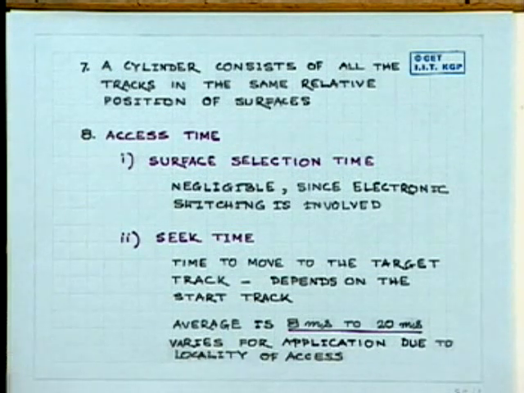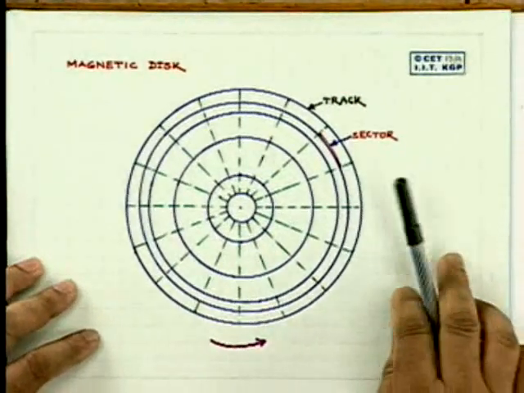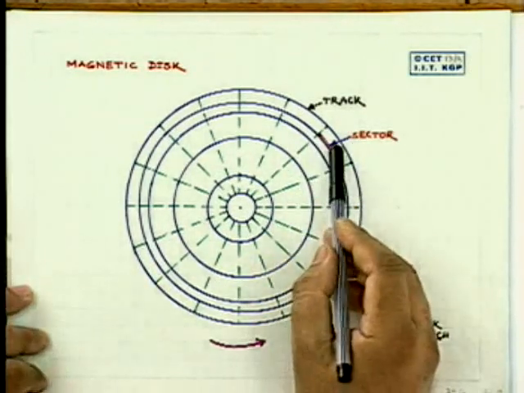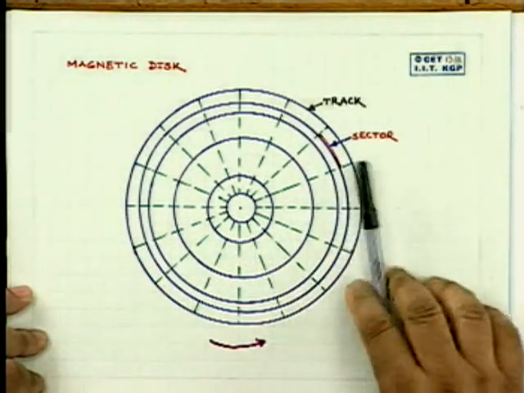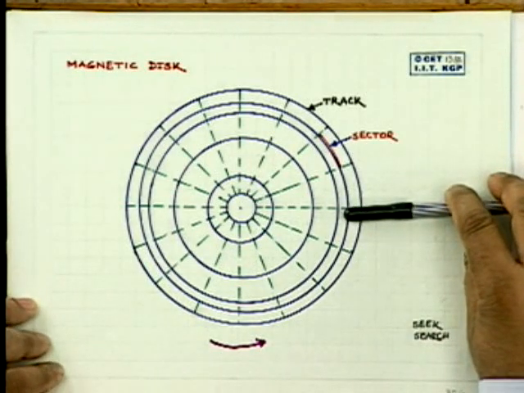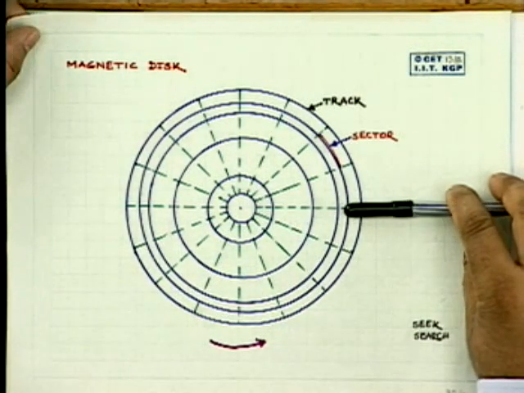Naturally, it will vary from application to application due to locality of accesses. By that, I mean, for example, if an application is asking for data on this track, and the head is already there, the seek time will be much less. It depends on the application.